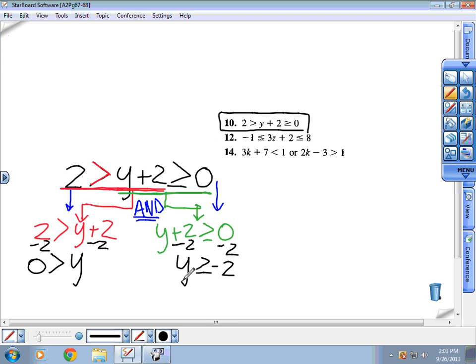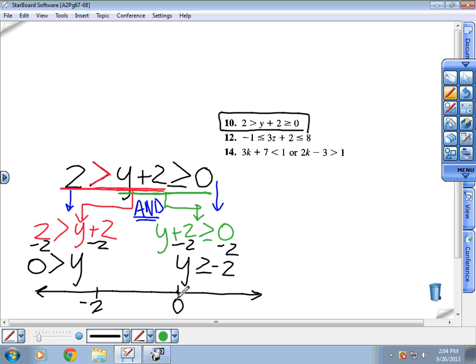Now I have to graph both of these on the same number line. So I'm going to draw my number line, just like before. We're going to graph our 2 points. We have a 0 and a -2. So we're going to put -2 here, and 0 here. Now we're going to figure out whether we need to color them in or not.